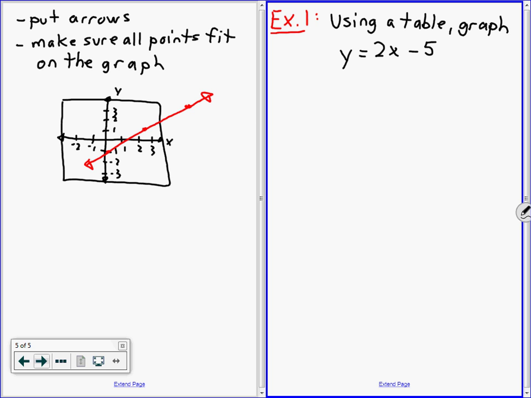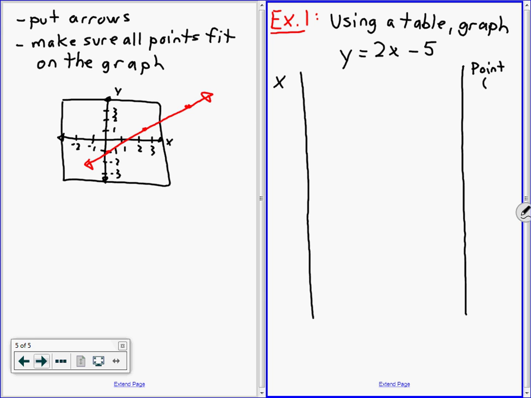The reason I'm going to do this with a table is that every time you see a new different graph, a table is just the easiest way to always do it. So I'm going to put a little X over here, a little point on the right-hand side, and a great big y equals 2x minus 5 in the middle.